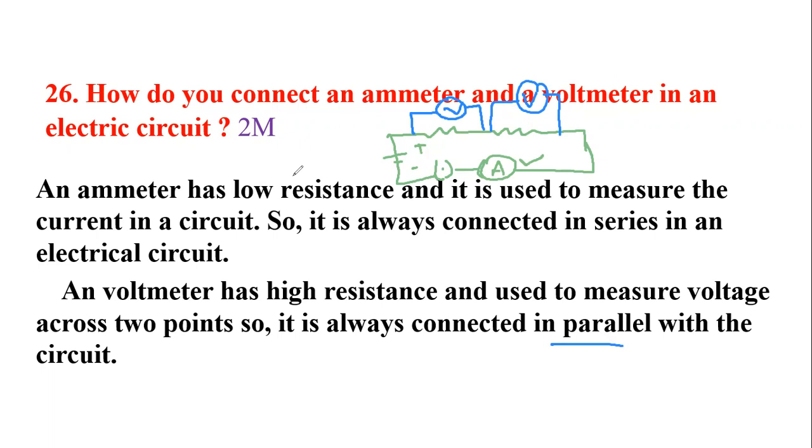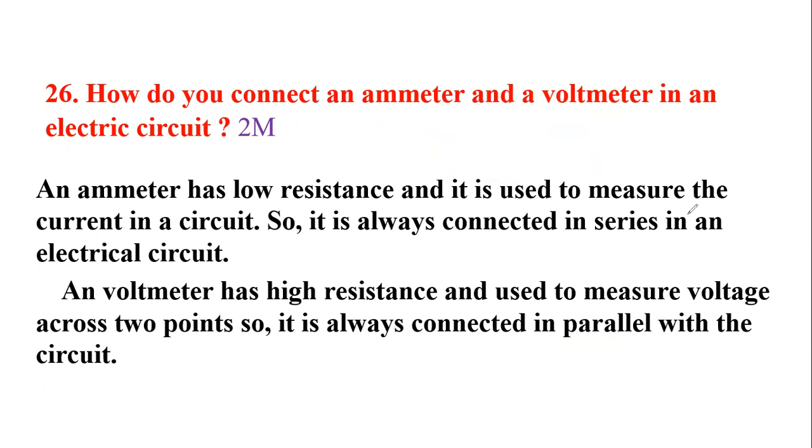An ammeter has low resistance and is used to measure the current in a circuit, so it is always connected in series in an electric circuit. A voltmeter has high resistance and is used to measure voltage across two points, so it is always connected in parallel with the circuit. Have an idea? Yes. Go to the next question.